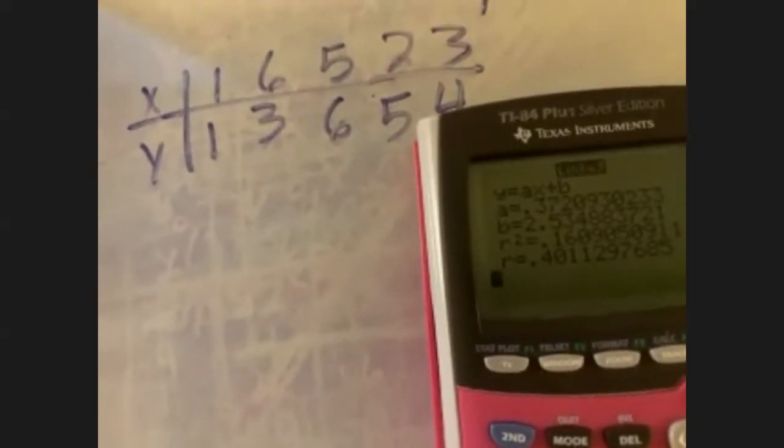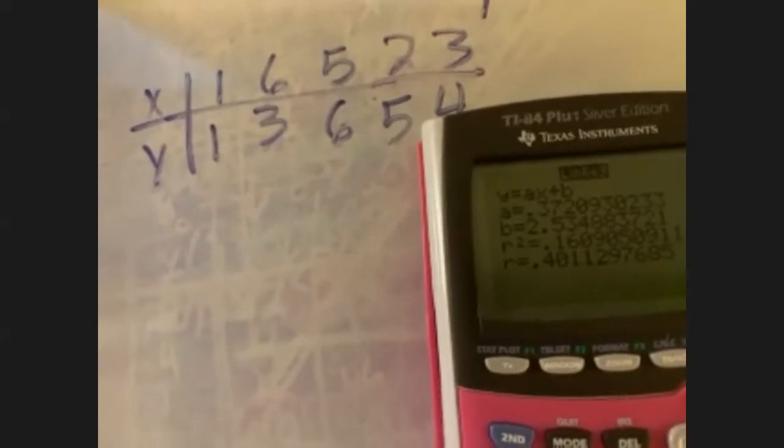I'm going to try to write the best I can here. Guys, you are going to put the A where the A is in the equation and the B where the B goes in the equation.